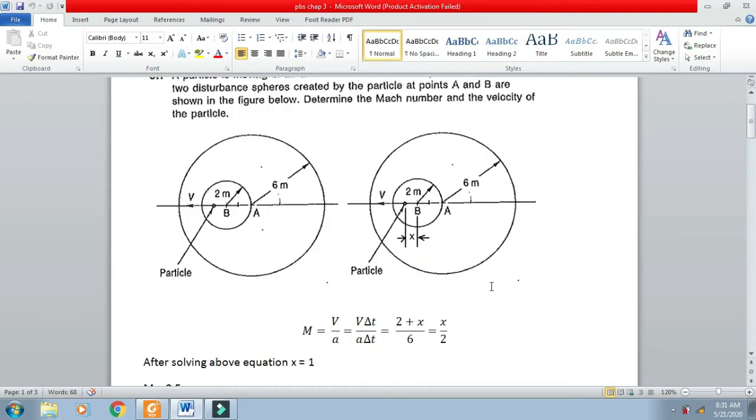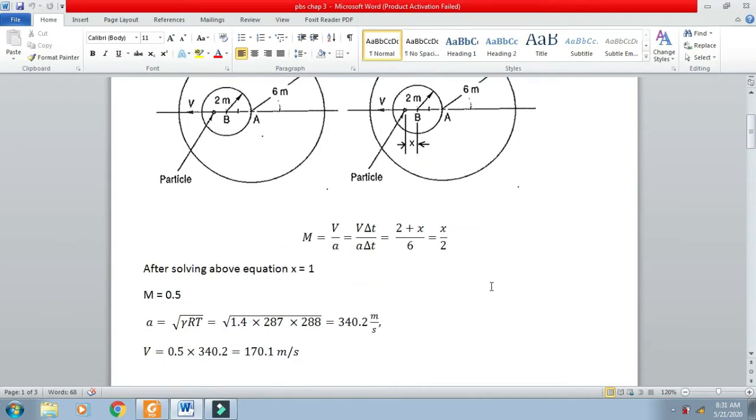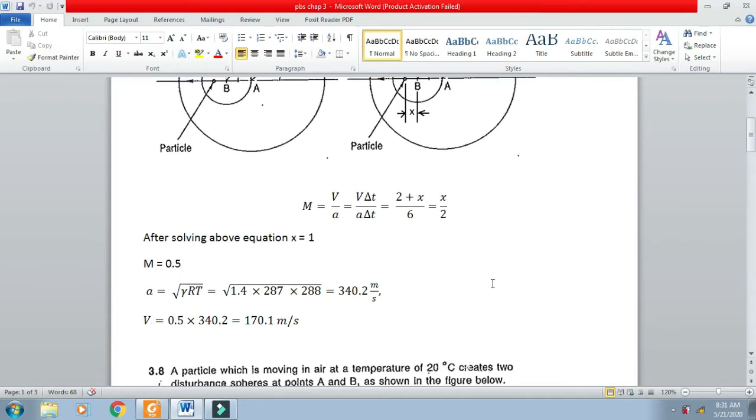For the velocity of the particle, first we determine the velocity of sound since the temperature is given. After substituting the values of gamma, R and temperature, the velocity of sound is 340.2. For the velocity of the particle, we multiply the Mach number with the velocity of sound. This gives 170.1 meter per second.